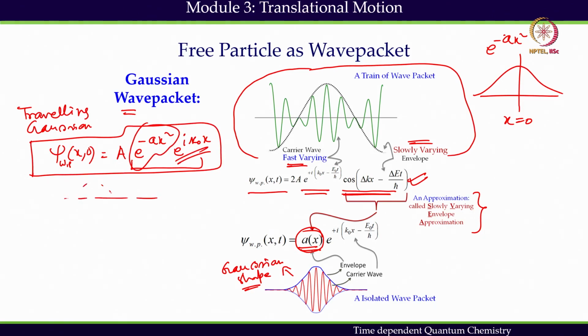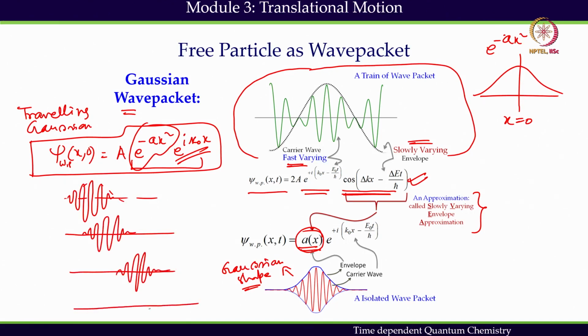How is it moving? It will show like this way. At a particular time it will be like this, after a particular time it will be like this, after a particular time it will be like this. So it is moving: at time t1, this is t2, this is t3, this is t4, like this way it is moving.